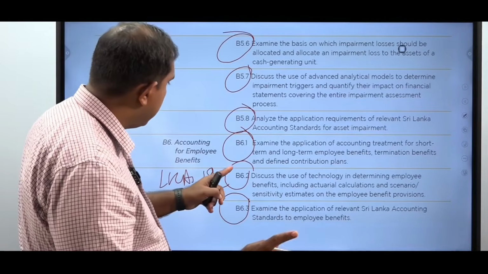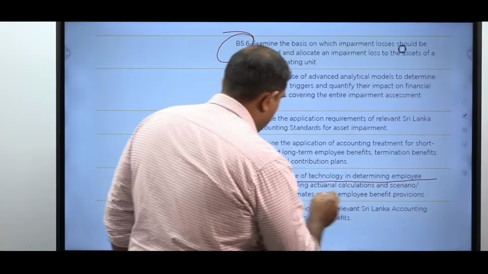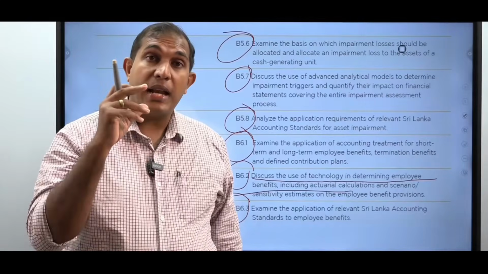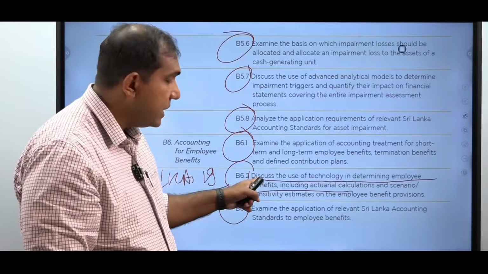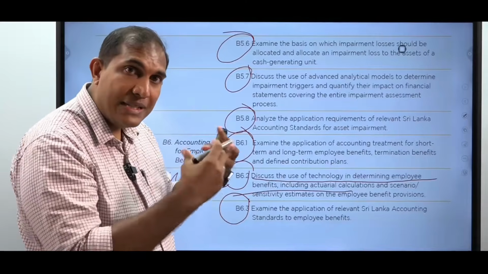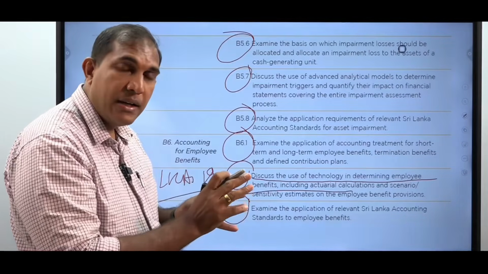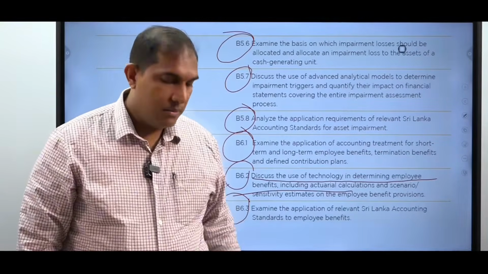Now, in this standard also discuss the use of technology. Now, you can see common things. You can identify common things in the syllabus. Digital transformation, digital application of the respective area has been touched in the new syllabus.